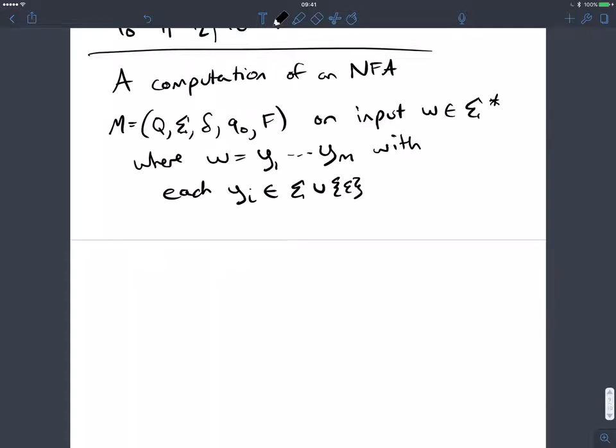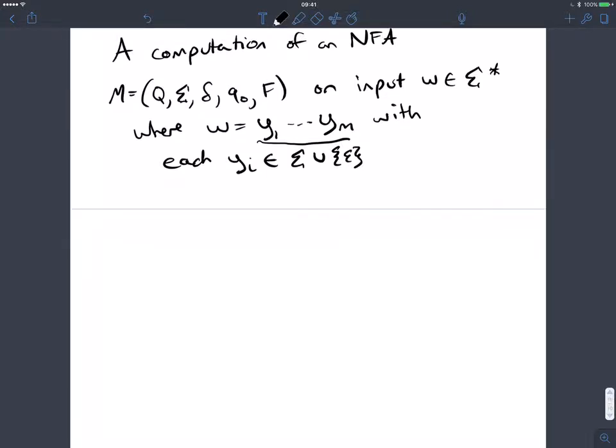Well, when I'm doing either a single character transition or an epsilon transition, I'm only doing one transition each time. So if I have m either characters or epsilons here, how many states will I see? Well, how many transitions are here? M transitions, so how many states will I see? M plus 1.